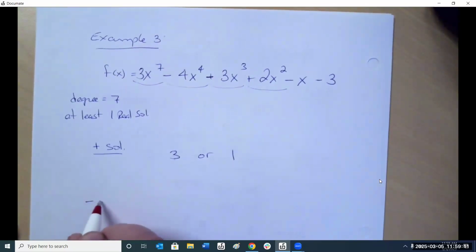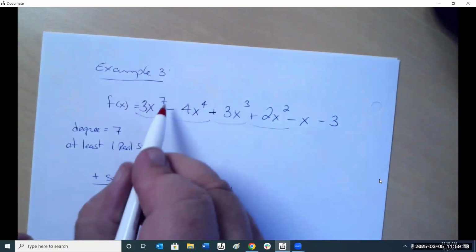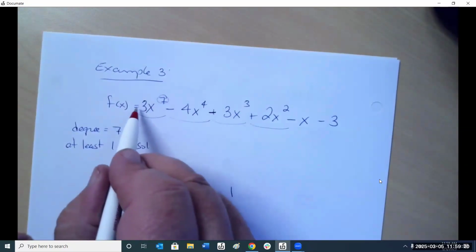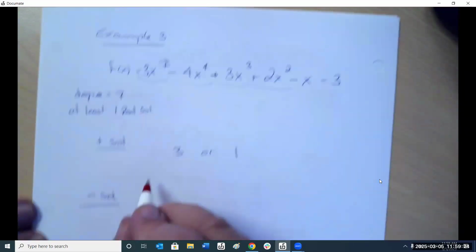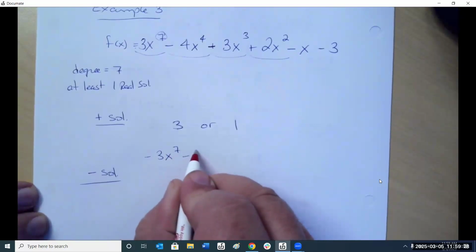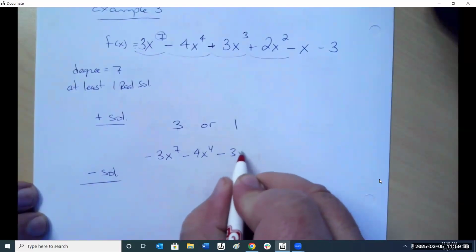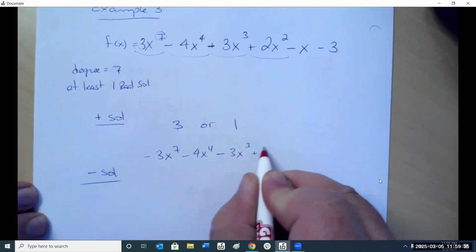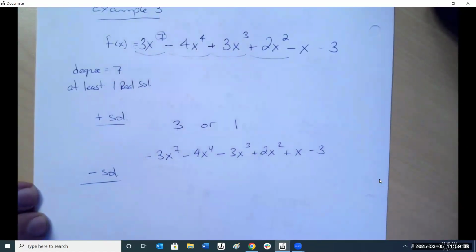How many negative solutions? Now, when we put the negative sign in here, if it has an odd exponent, it's going to change the sign of the coefficient. So this one's going to be negative 3x to the 7th minus 4x to the 4th minus 3x cubed plus 2x squared plus x minus 3.